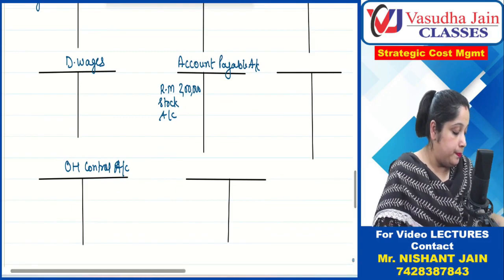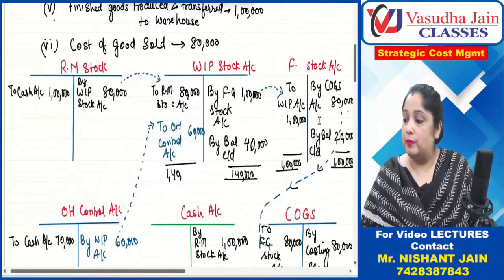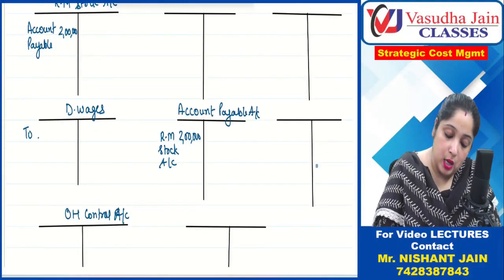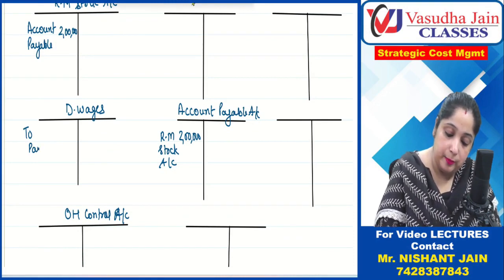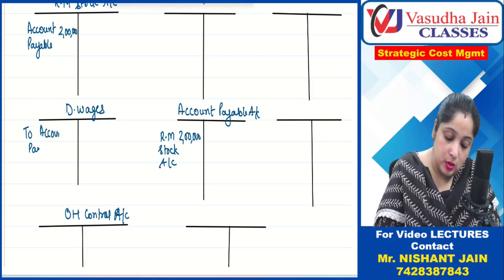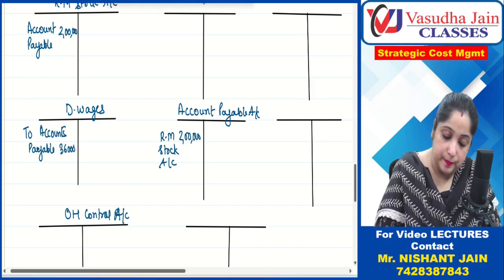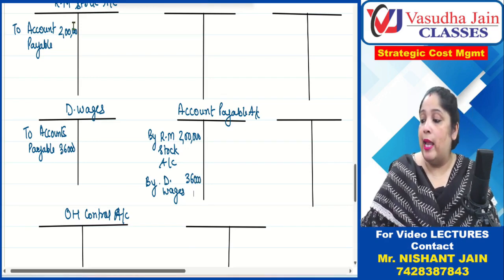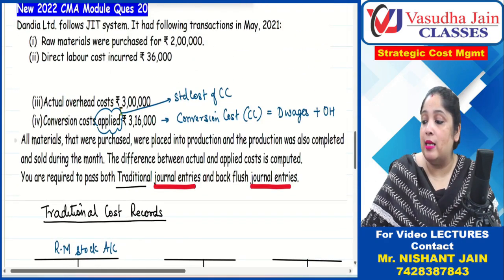So it is going to be, to accounts payable. How much? 36,000. And here it will be again by direct wages 36,000, right?